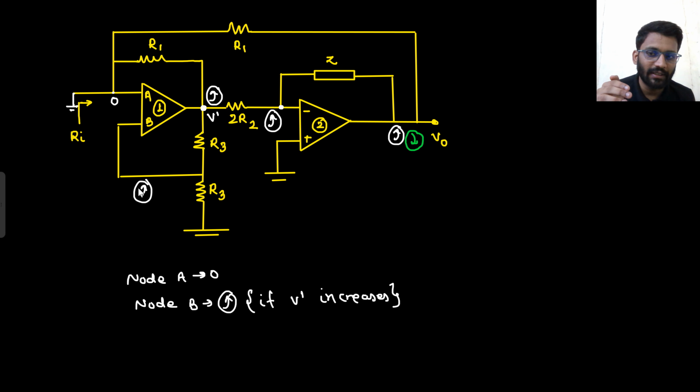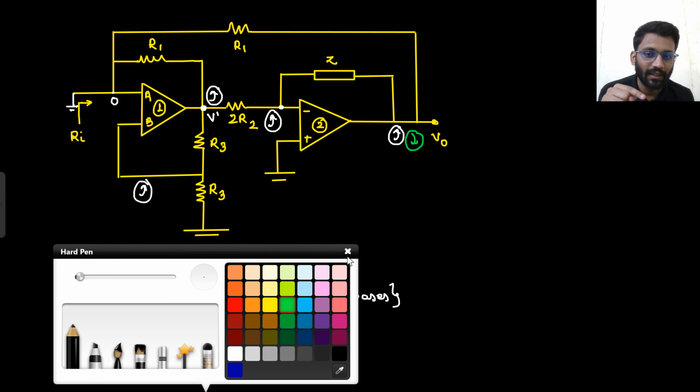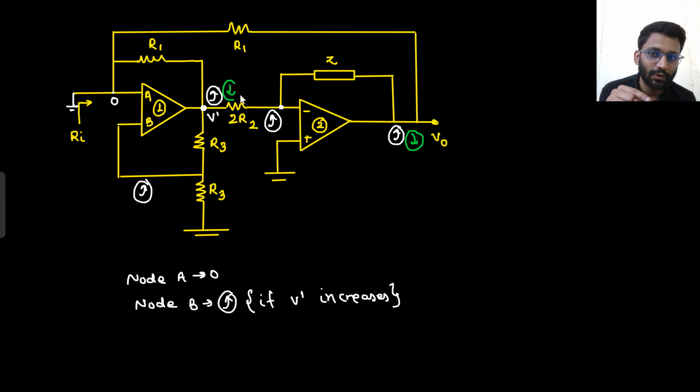So if this node increases, then certainly this node is increasing. If this node is increasing and I want my final output to decrease, so what will I keep? I will keep this B as negative and A as positive. Say yes or no. I want my final output to increase.